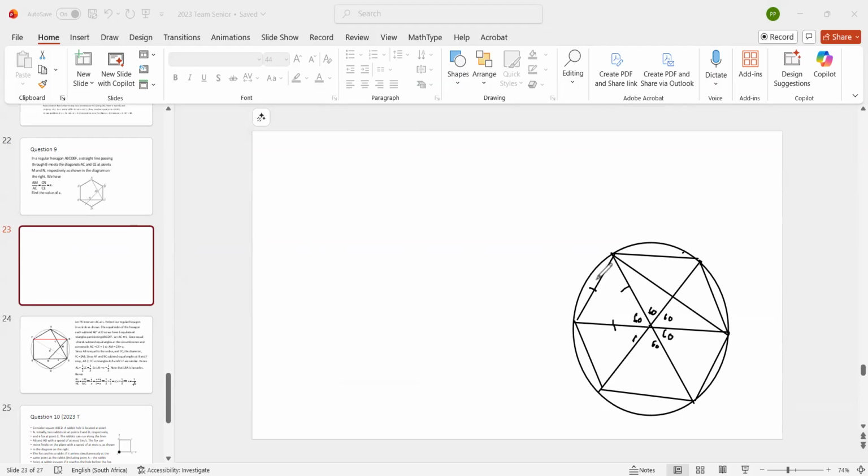But you'll notice that the side of the hexagon is half the length of the longest diagonal, because the longest diagonal is the diameter, and the side of the hexagon is just the radius of the circumscribed circle.